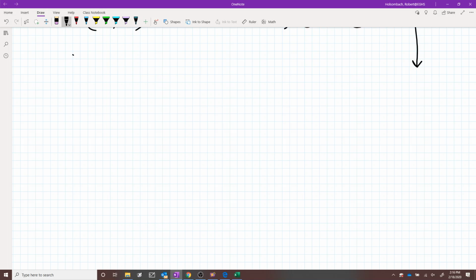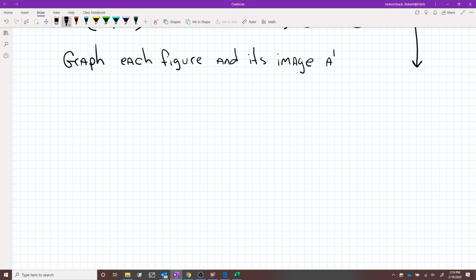Okay. So here's what some other types of questions will look like. We're going to graph each figure and its image along the given vector.